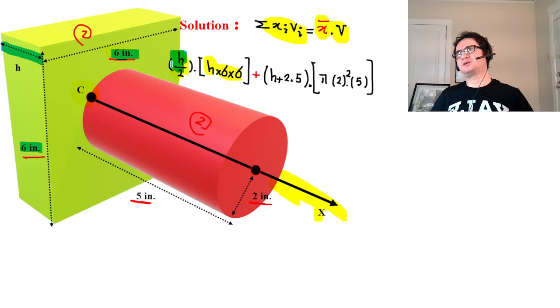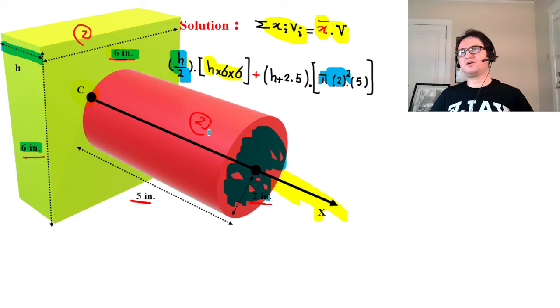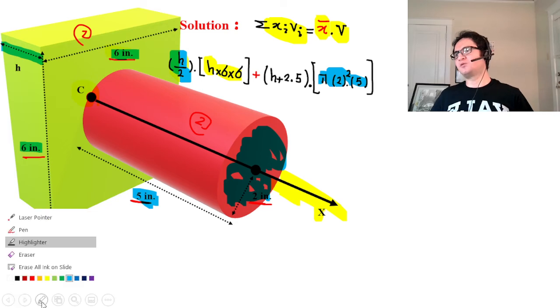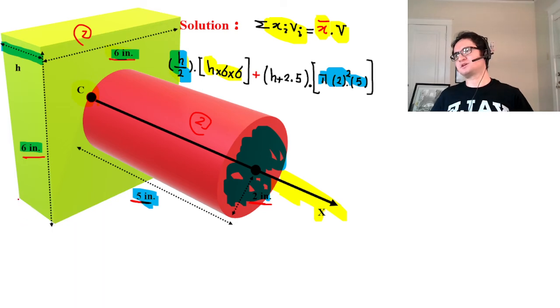Plus the other part, which is pi times 2 squared, the area of the cross section of our cylinder, times the length of the cylinder, which is 5 inches. And then the centroid for the cylinder from our base. Yes, we just consider this our base for the x axis.